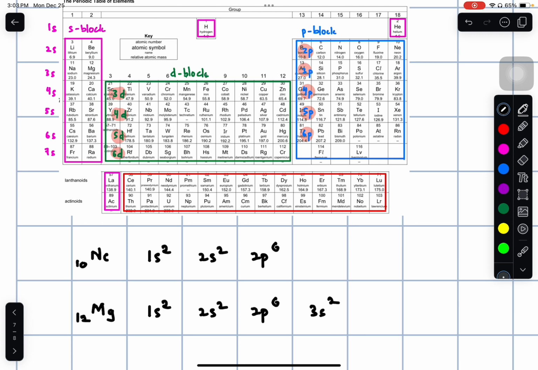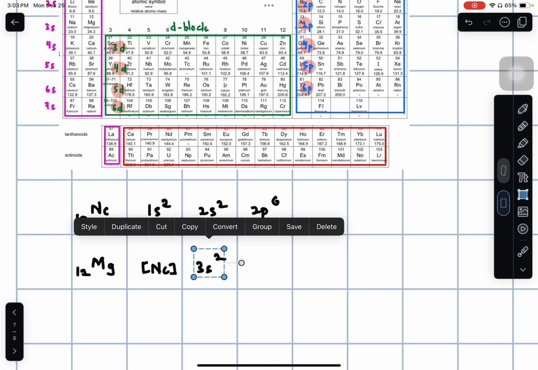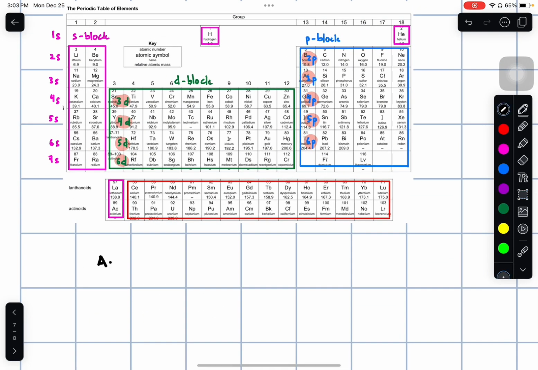You don't have to write 1s2, 2s2, 2p6. Instead, you can simply write neon and 3s2 here. Argon has 18 electrons. 3s2 and 3p6.